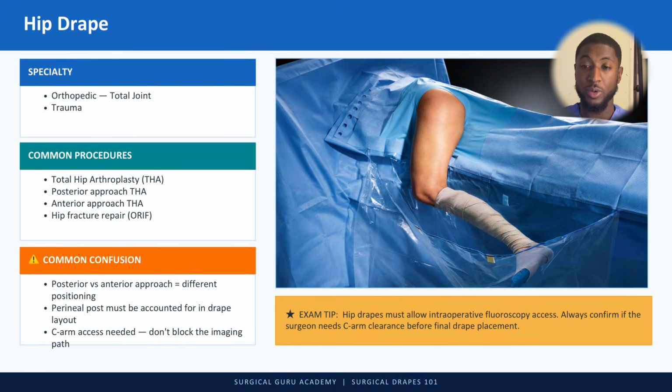We're probably going to use a shower curtain. And the shower curtain is a different drape altogether that we use to just cover one side of the patient's body. So, C-arm access needed, so don't block the imaging path.